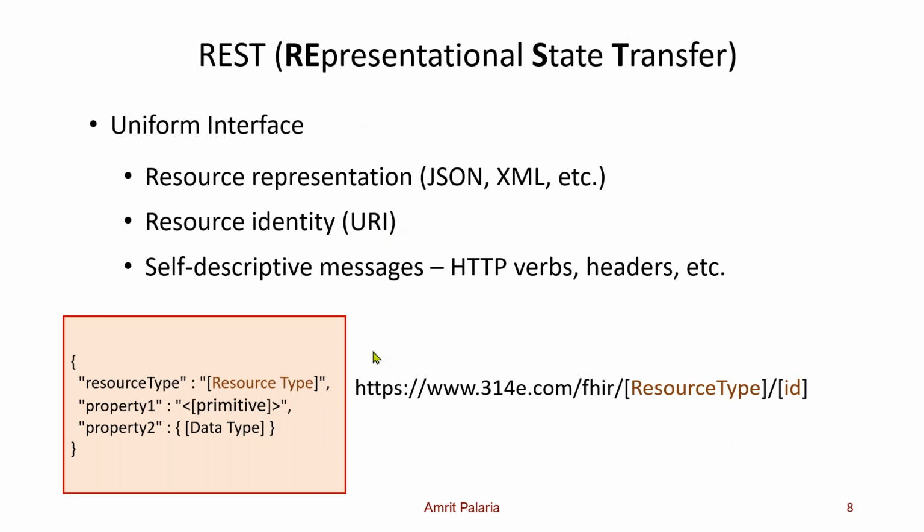We'll see in a bit that FHIR prescribes how you're going to set up your URI, but this is an example of it. So you have some URL, and then you also define a resource type and the ID. If you provide this address, it will point you exactly to the resource of interest.